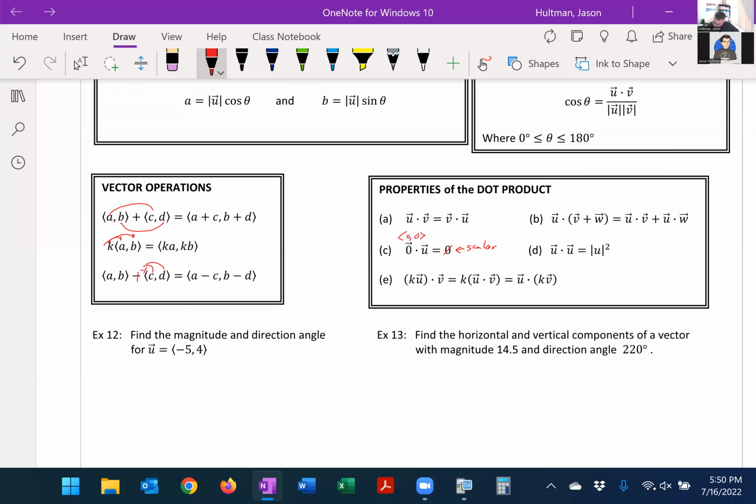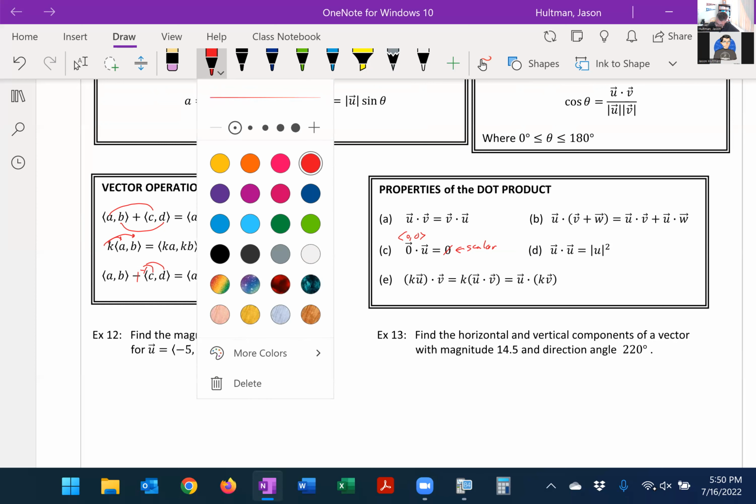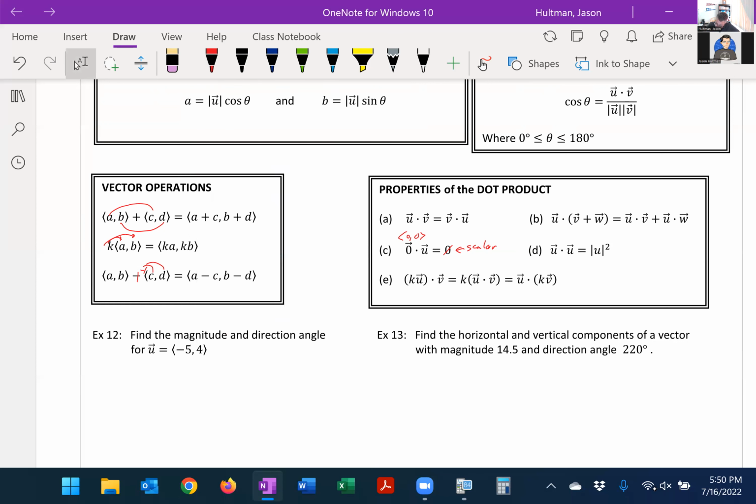Okay, we have kind of a distributive property here. u dotted with v plus w is u dotted with v plus u dotted with w. And u dotted with u is just the magnitude squared, which is really, if you think about it, what is the magnitude of u?